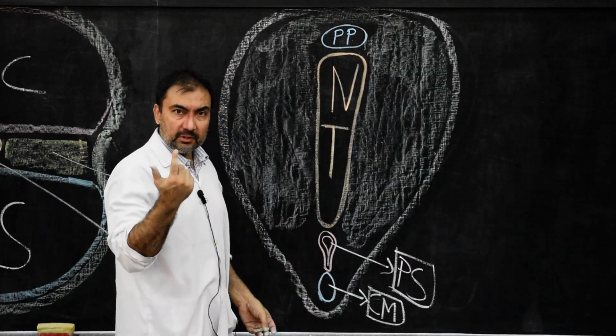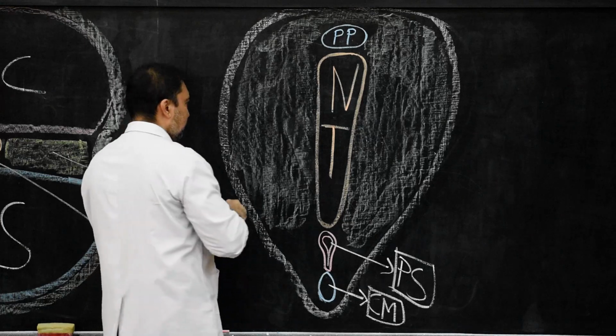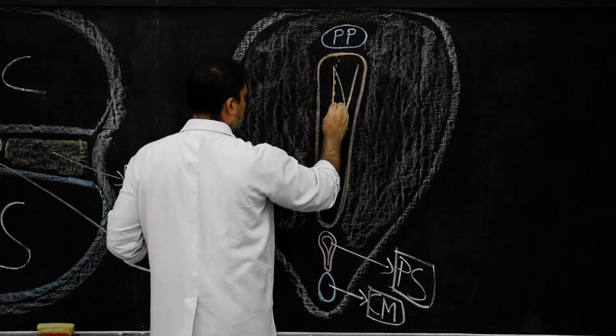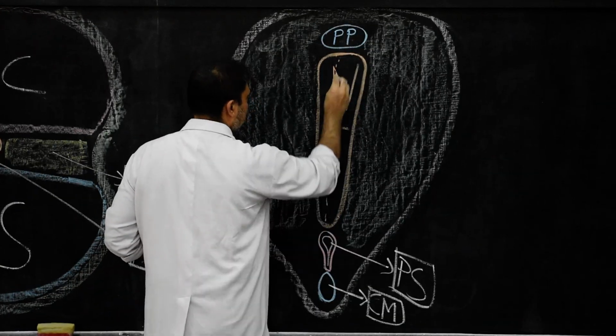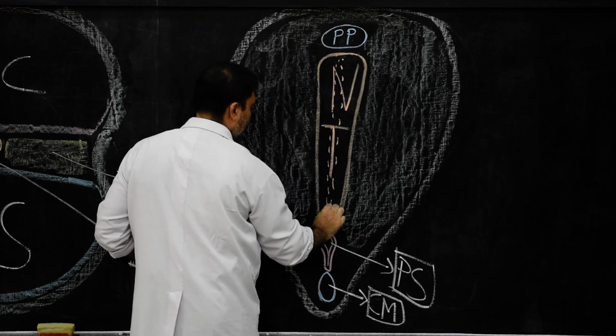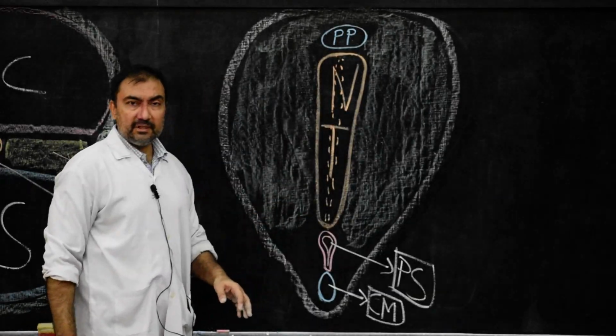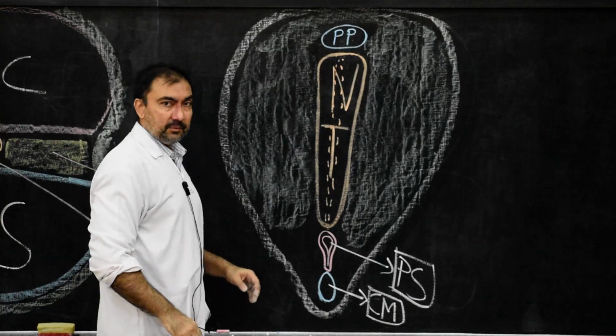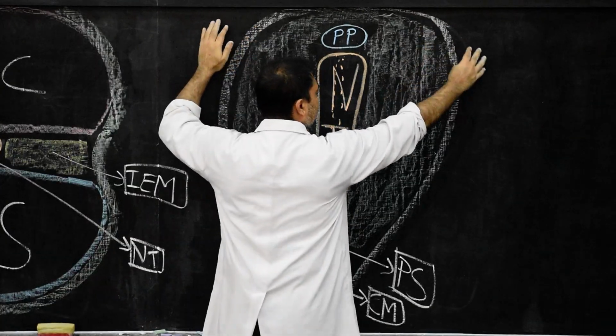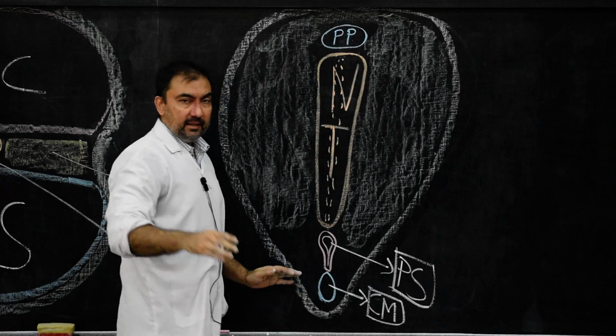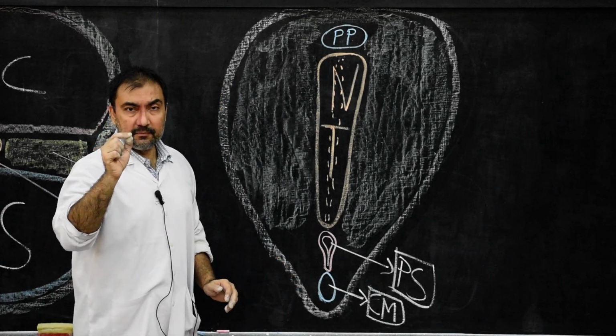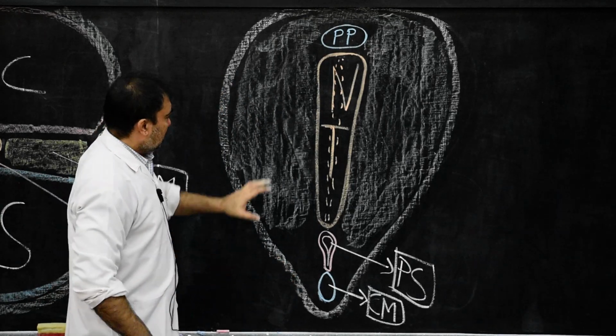And if I show in dotted format this structure which is present below the neural tube, this dotted longitudinal structure is called the notochord. So on either side of the notochord and neural tube, this is intraembryonic mesoderm. And remember, the entire embryo is surrounded on the outside by extraembryonic mesoderm or primary mesoderm.